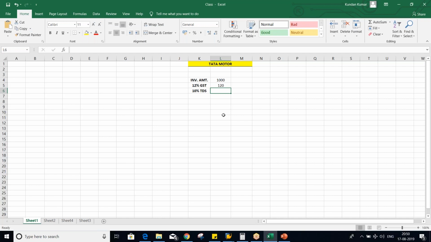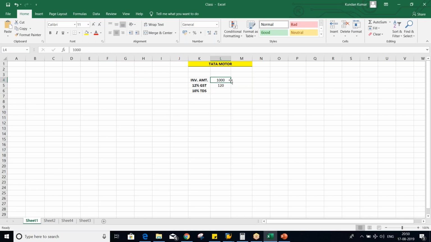I told you, the amount on which tax is calculated is called the base amount. So what is the base amount for this 10% calculation?